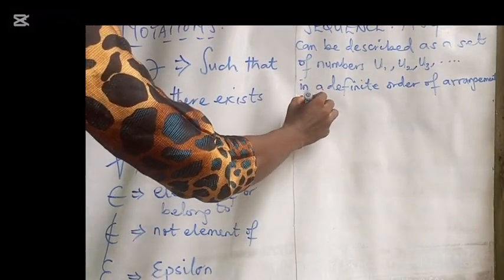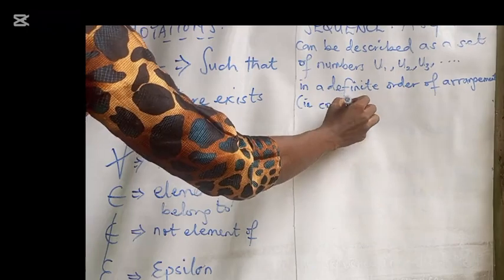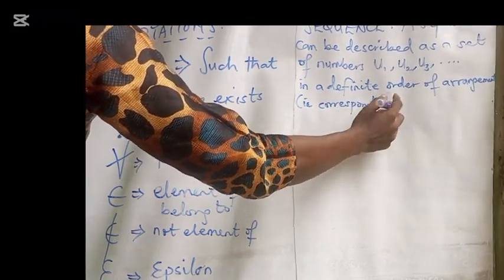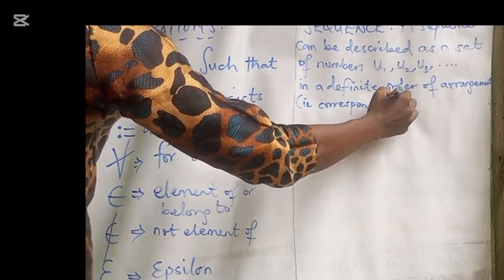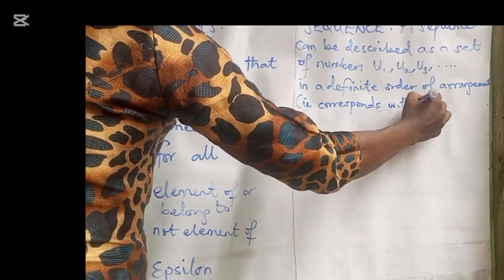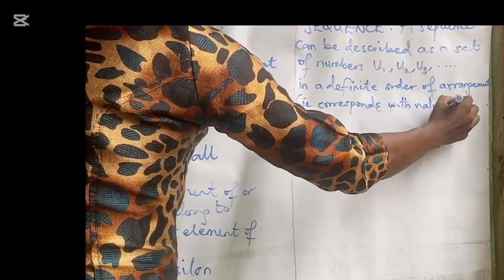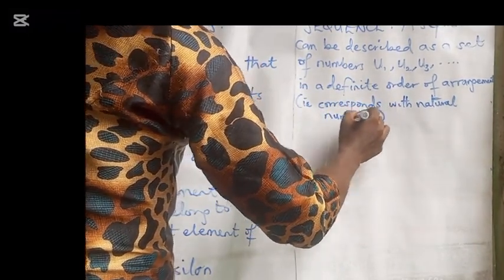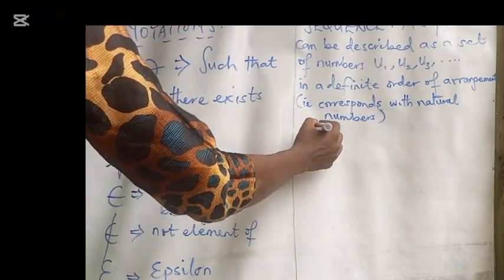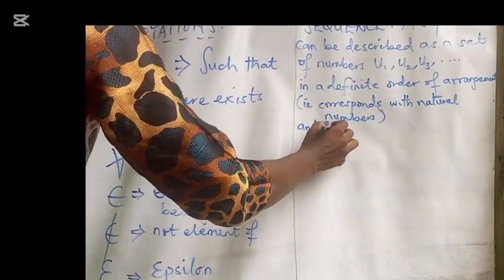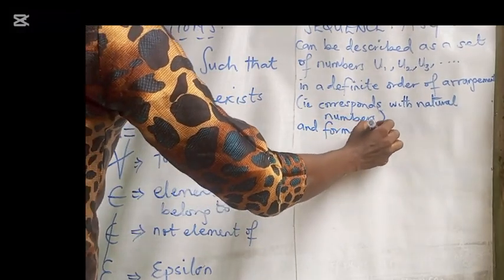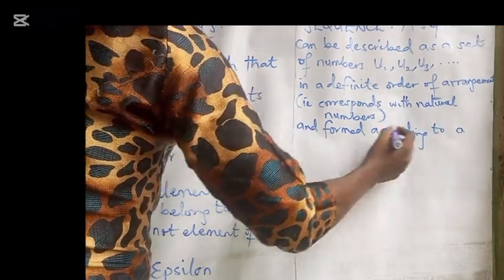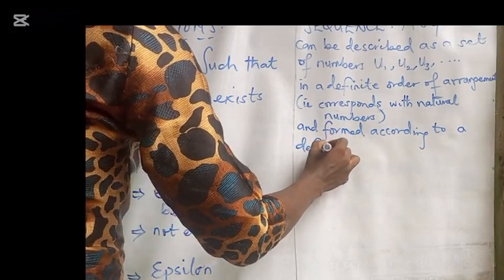which corresponds with natural numbers and formed according to a definite rule.